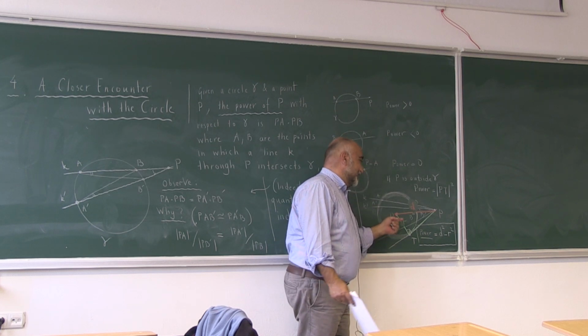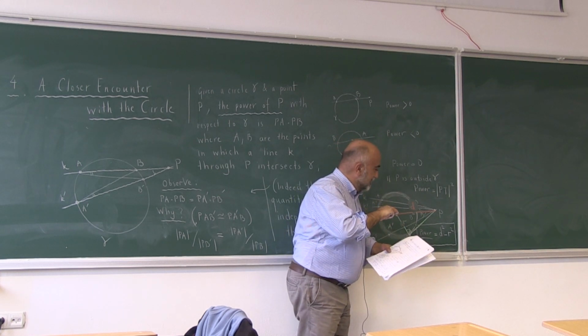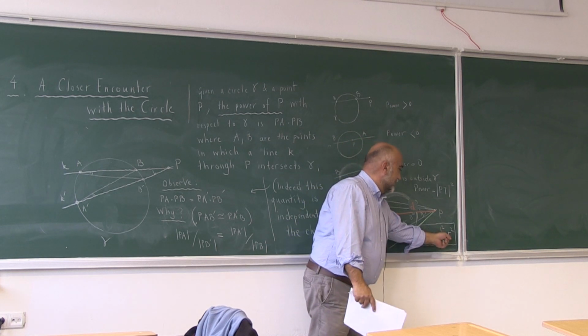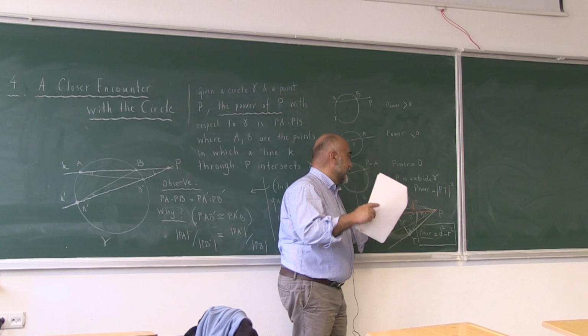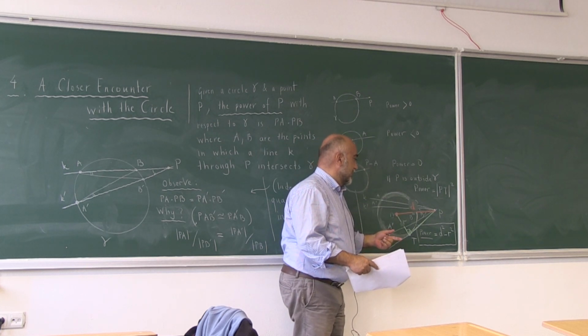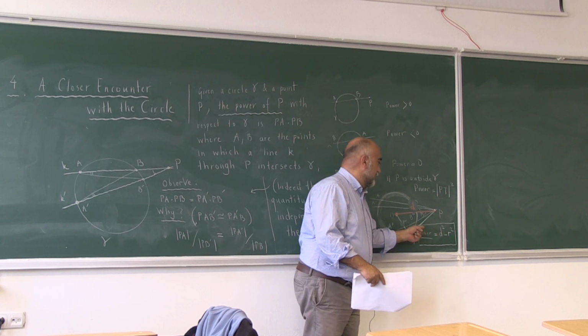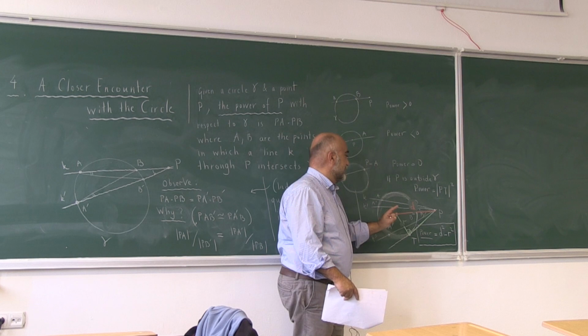Yet it is in a sense tempered. It's changed a little bit depending on the size of the circle. So if the size of the circle is small, the power is rather like the square of the distance between the point and the center, so on and so forth.